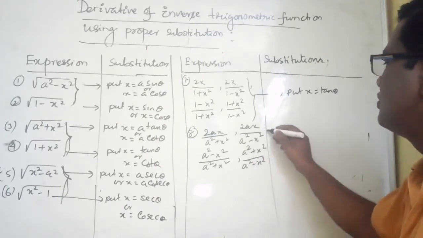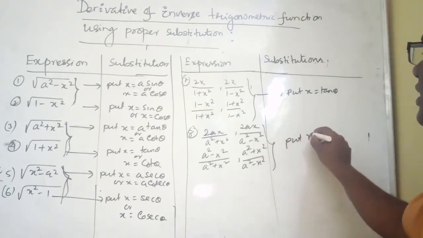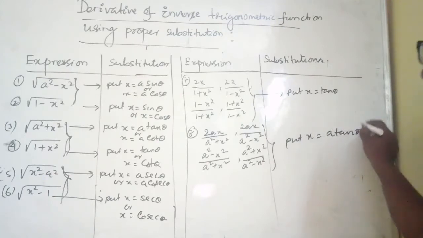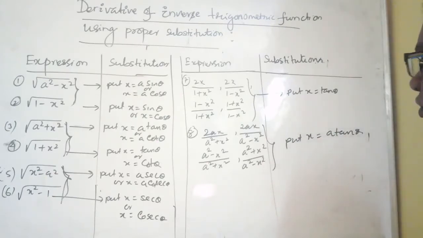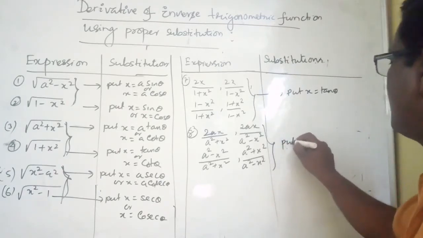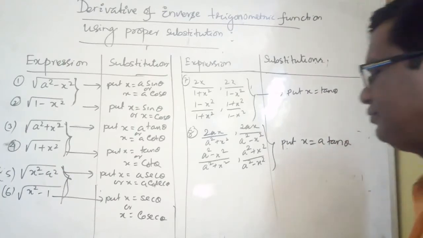For all of these, put x is equal to a tan theta. Clear?